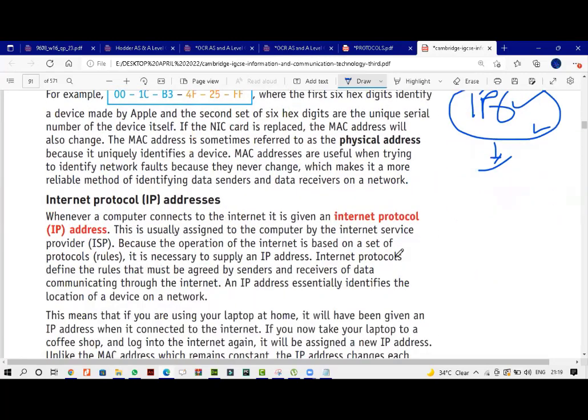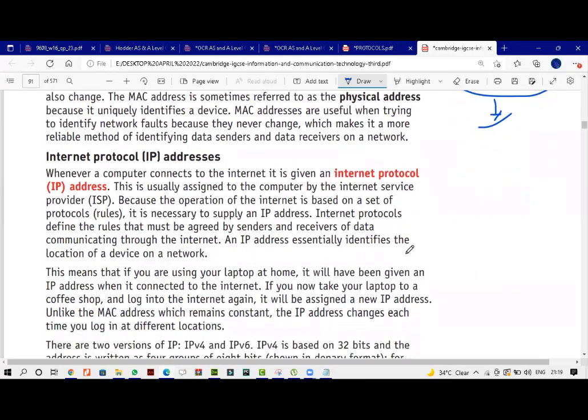So what's an internet protocol? We did discuss this last time, TCP and IP. Transmission control protocol works with internet protocol, and we discussed how TCP cuts down the packets, labels them, and makes sure they're delivered, and that the IP of the recipient and the sender is mentioned on the packet header.